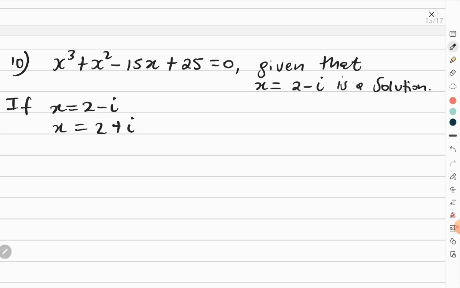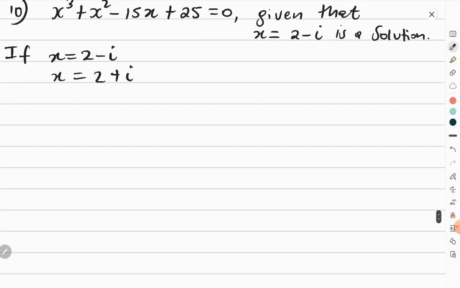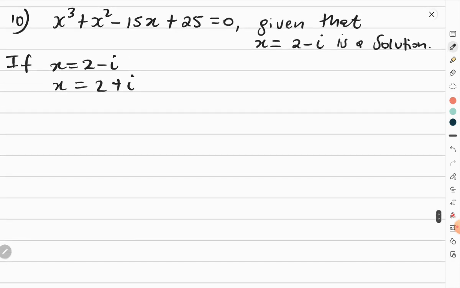So it's easy to find the second solution if you only have 1. It's just the conjugate of it. For the conjugate, we just interchange the sign of the imaginary part of the complex number. So that means we are having x minus 2 plus i, and also x minus 2 minus i.